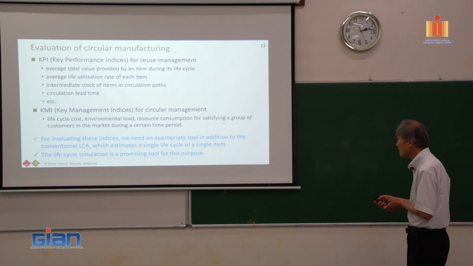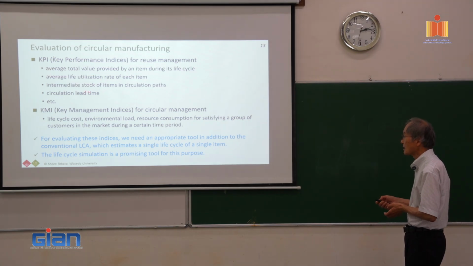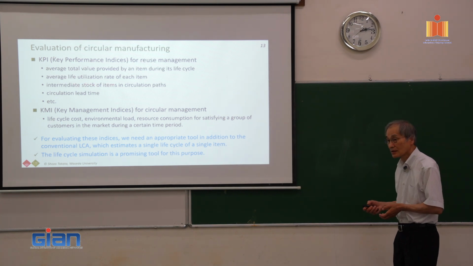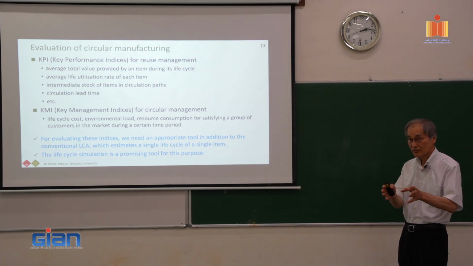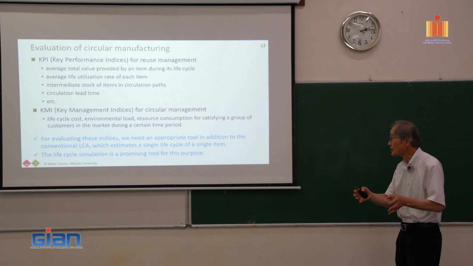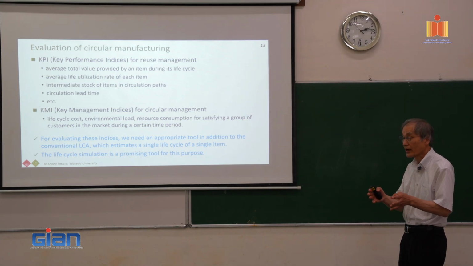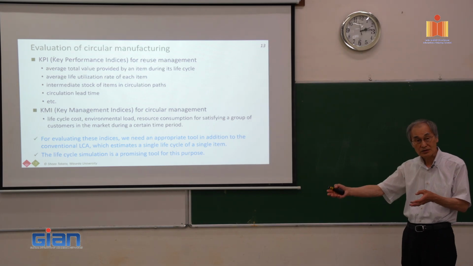So also on the management side, there could be an intermediate stock of items in the circulation path. So product returns will be held in the warehouse, and then provided to the users.